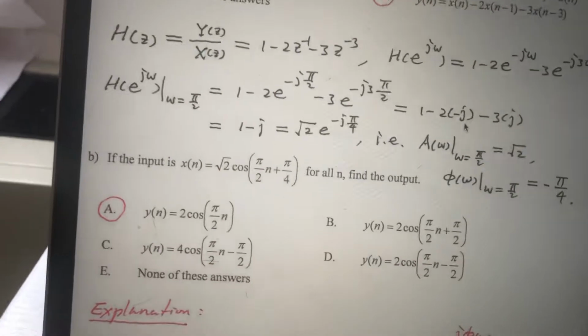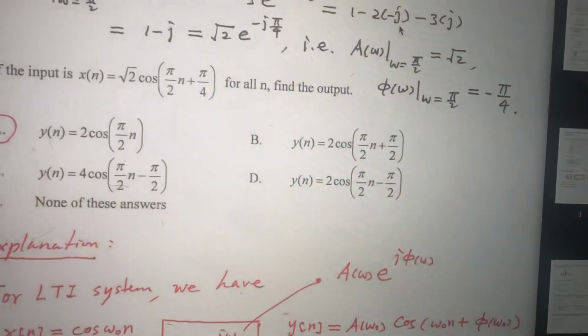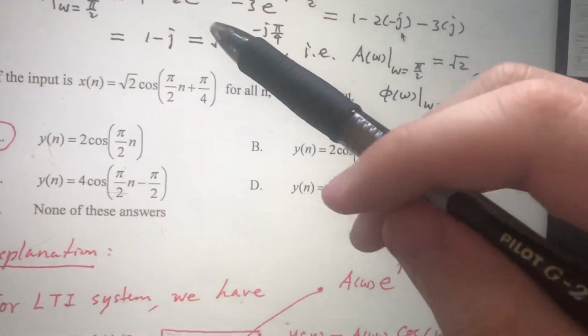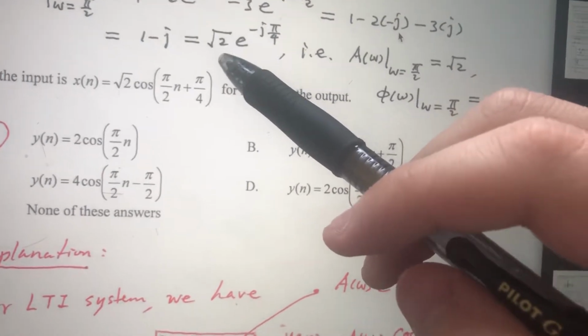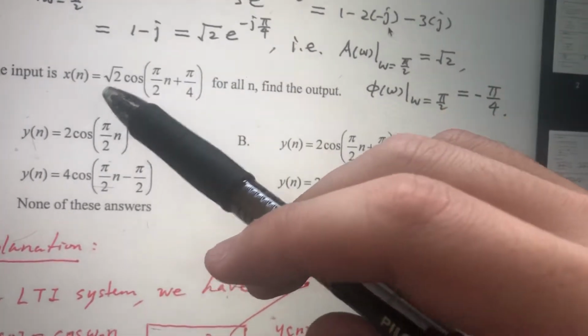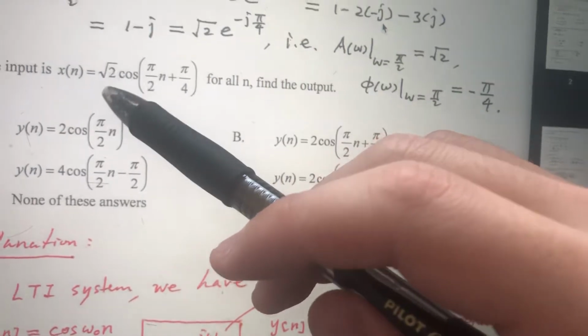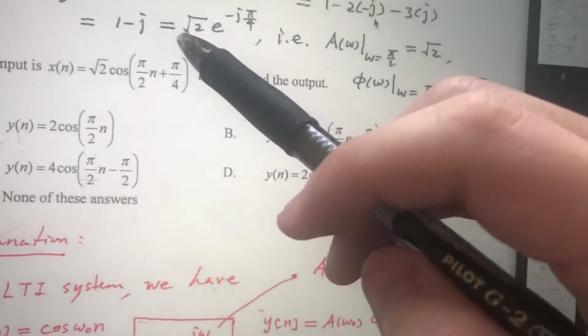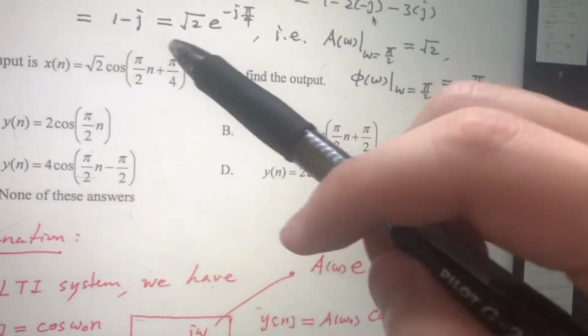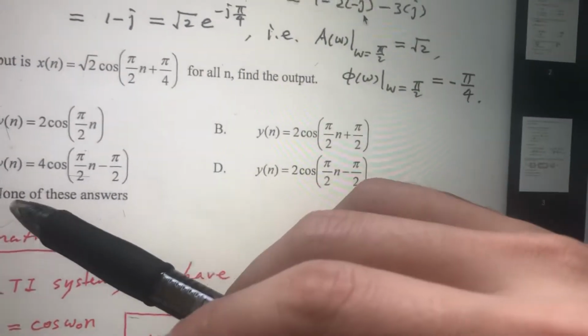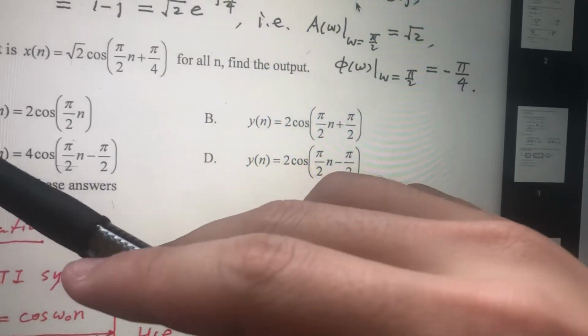So what does that mean? That means we need to multiply this by root 2, which means the first part of the sentence is 2. So C and E are not right.